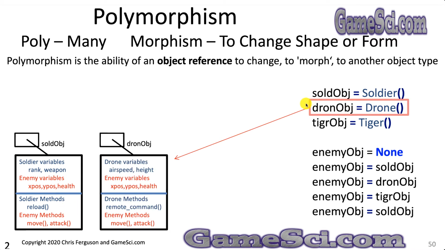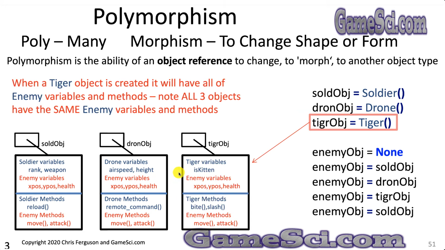Drone object equals drone. Drone object is a reference to this drone object, and of course it has drone variables and drone methods. But drone inherits from enemy, so you get enemy variables and enemy methods. Tigger object equals Tiger. Tigger object is a reference to this Tiger object. When a Tiger object is created, it will have all the enemy variables and methods.